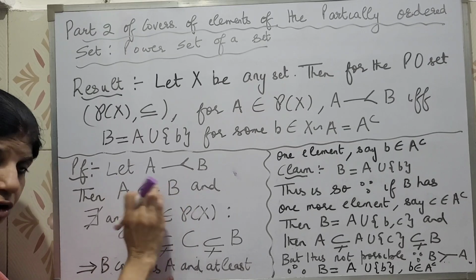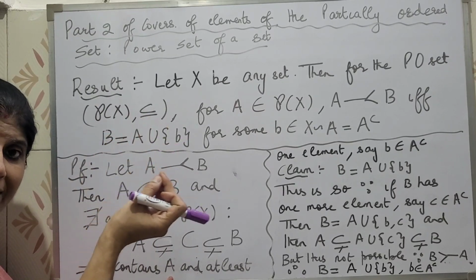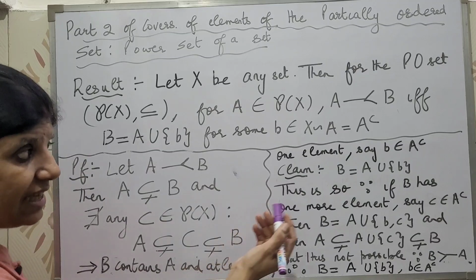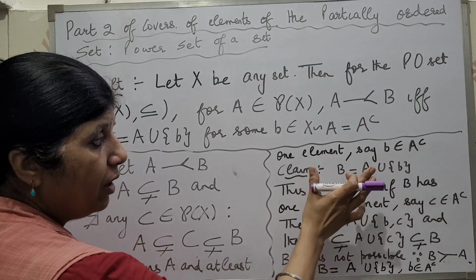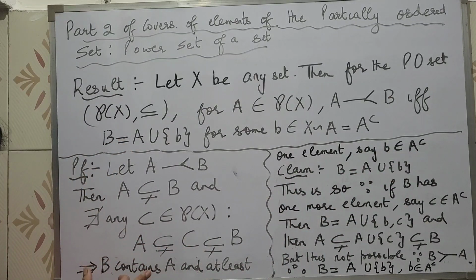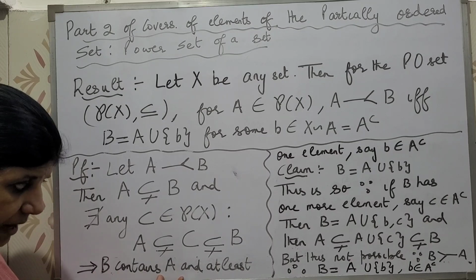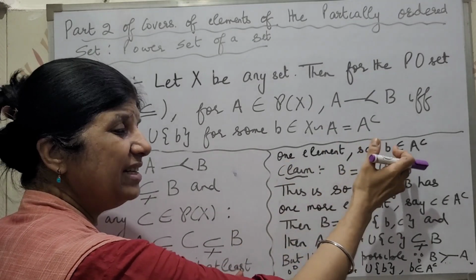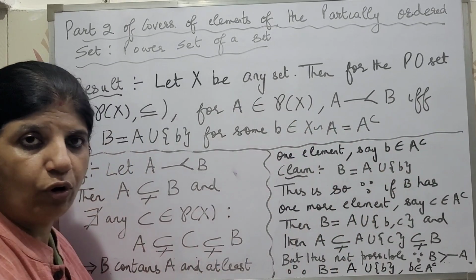Now because they are not equal, at least one element should come from the complement of A. So let's say that element is b. Right now what we have is that B contains A, and at least one element, and I'm calling that element b belonging to the A complement.